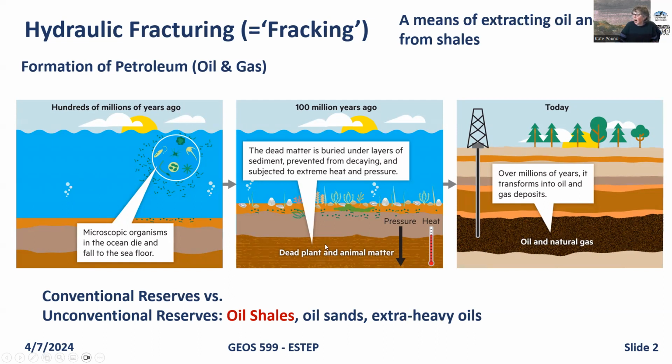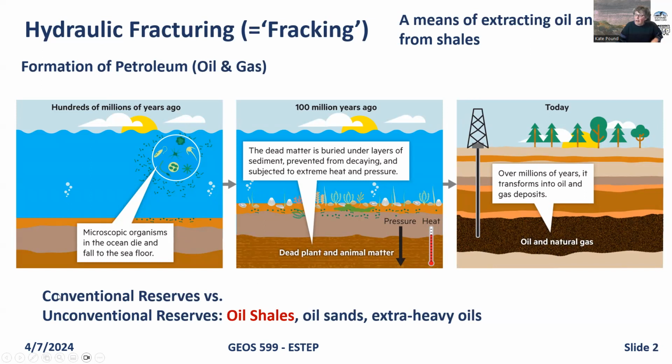And over time, that dead plant and animal matter will be buried by other layers of sediment, whether it's on the sea floor or in a swampy type area. Over time, it gets impacted by increased pressure and temperature, and that will turn it into oil and natural gas.